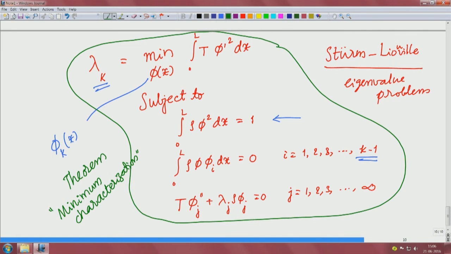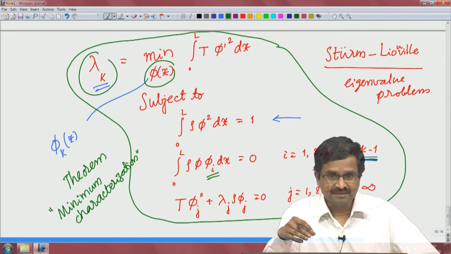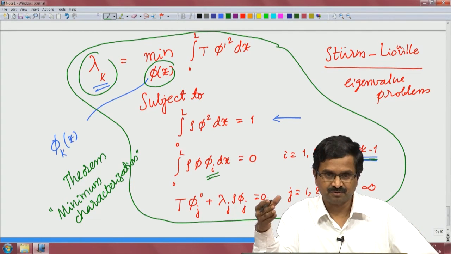Okay. So, if you already have with you k minus 1 eigenfunctions, because that is what we are including here, then you can find the kth eigenvalue and of course, the corresponding eigenfunction by solving this calculus of variations problem. Okay. This can be proved rather easily without using Euler-Lagrange equations.